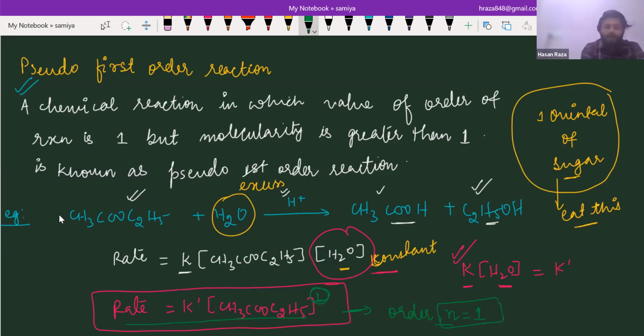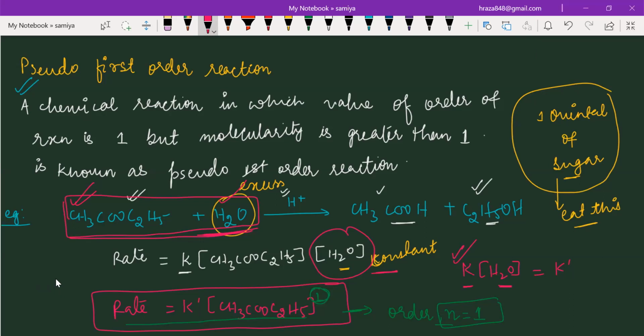Now, can you tell me how many molecules are interacting with each other? Srivarshini, how many molecules are interacting? 1 molecule of water and 1 molecule of this ester. So the molecularity is basically 2. This type of reaction is known as pseudo first order reaction.